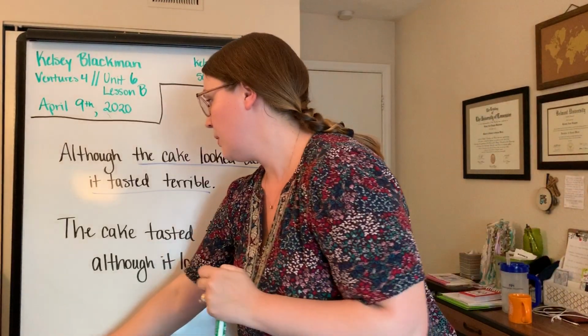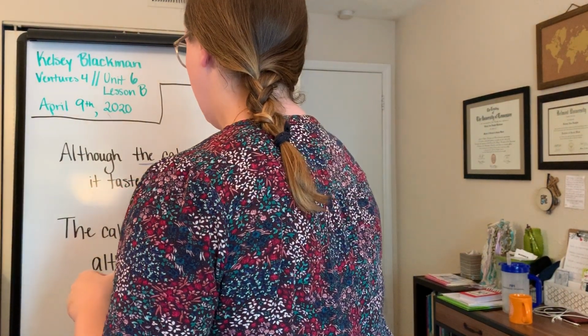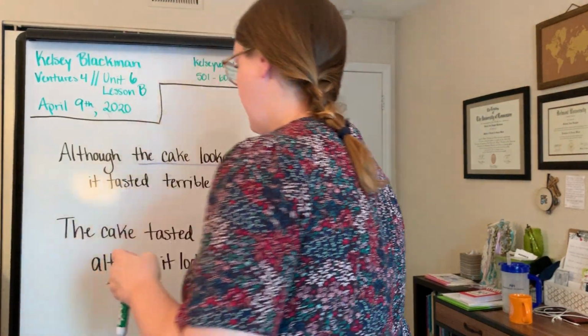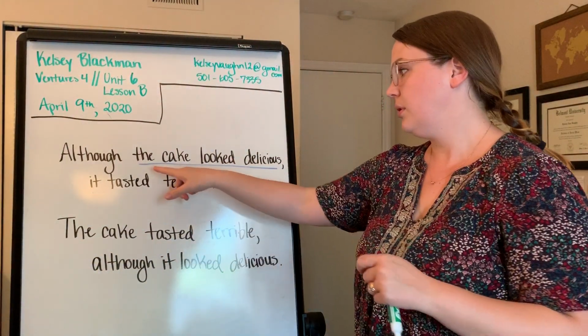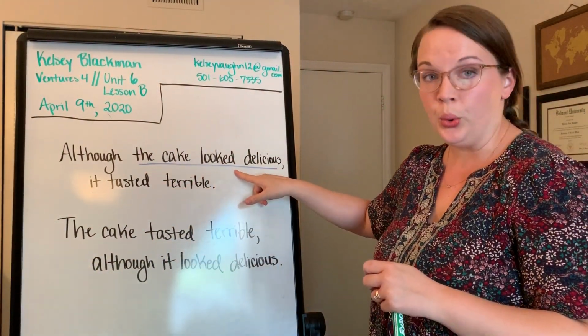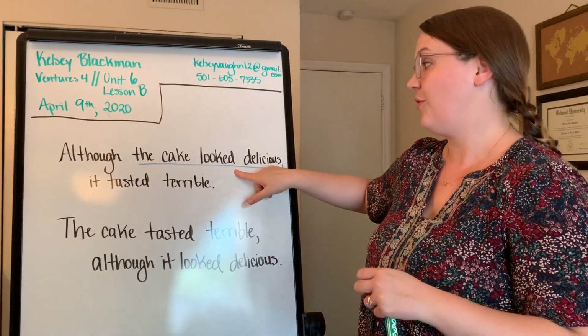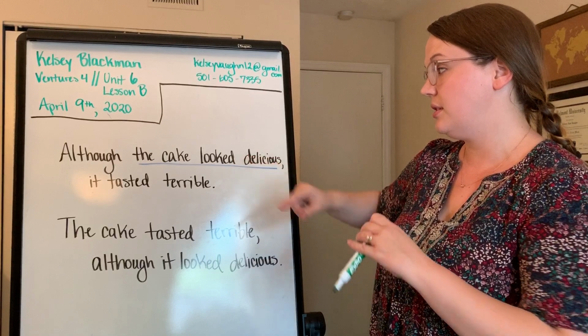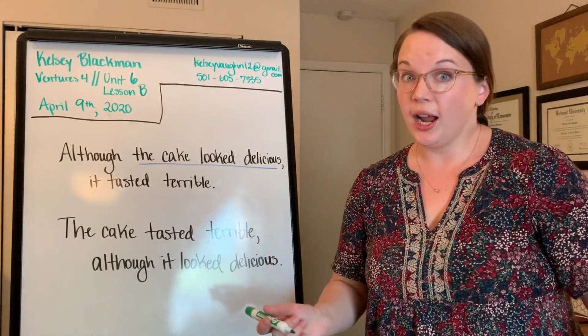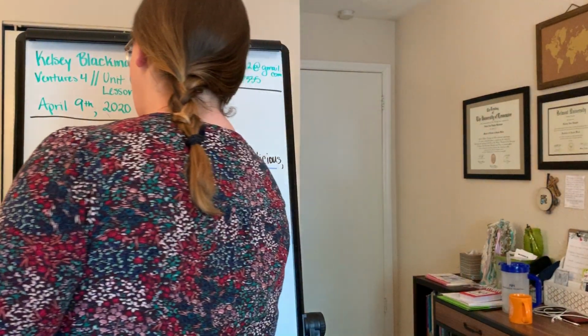Let's see. So if we will do the known or not surprising piece of information is that the cake looked delicious. The surprising information is that it tasted terrible.